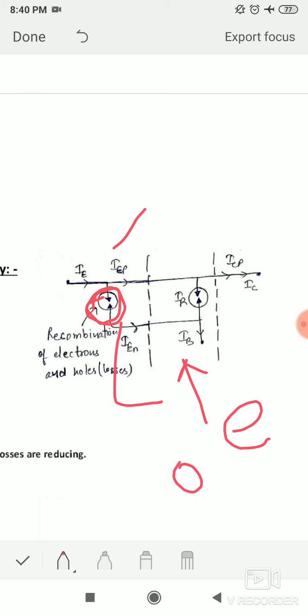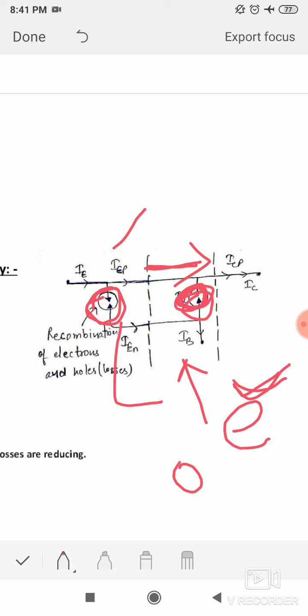the IEP is large as compared to IEN, so more of it goes to this junction, and here is a recombination, due to the base majority electrons and the majority holes of the emitter. This recombination current is IER.